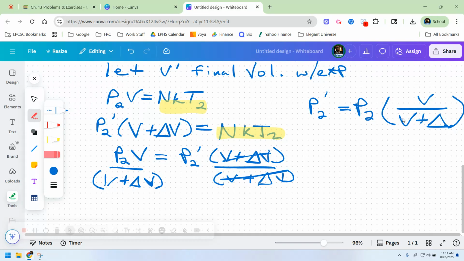So this is an old trick: you have a delta V and V, and you want to separate them or pull something out.